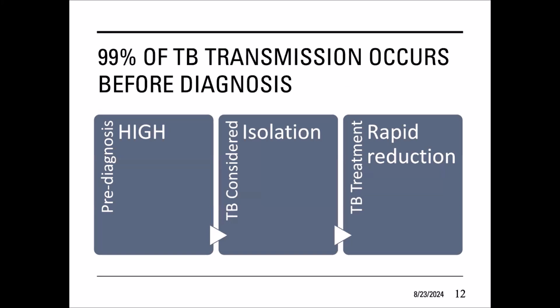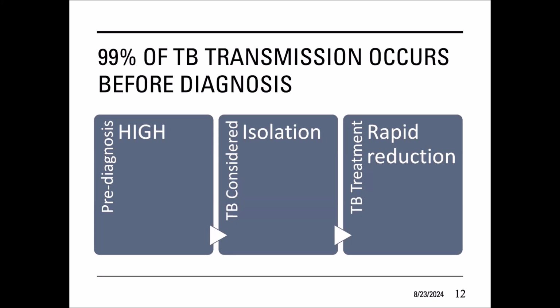Now, I also want to emphasize that 99% of TB transmission occurs before it was diagnosed. So, in other words, all the transmission of TB is probably happening at the home of the patient when they were sick for weeks with coughing prior to any diagnosis.